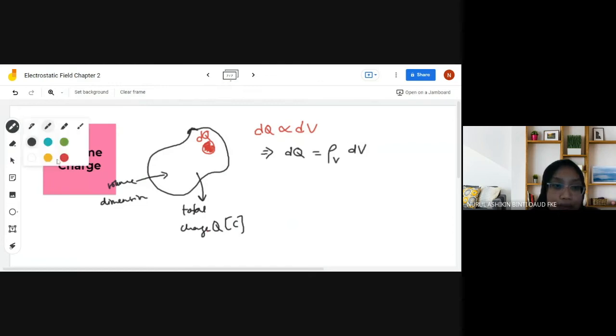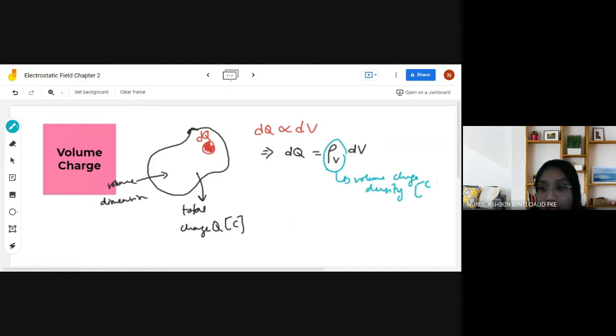Here rho v refers to the volume charge density, where the unit is coulomb per meter cubed, and dv is dependent on the coordinate system. What does that mean?